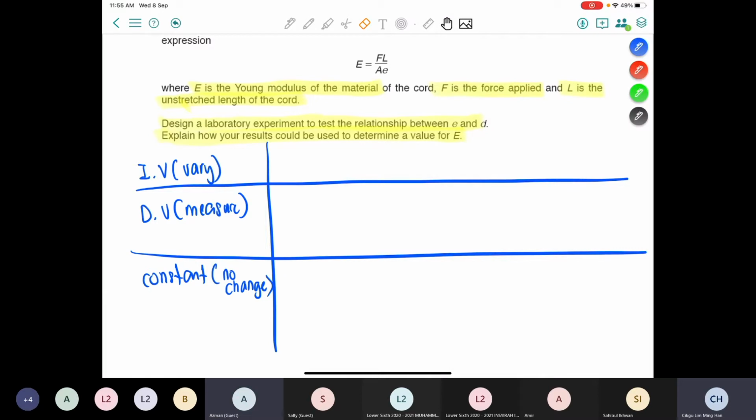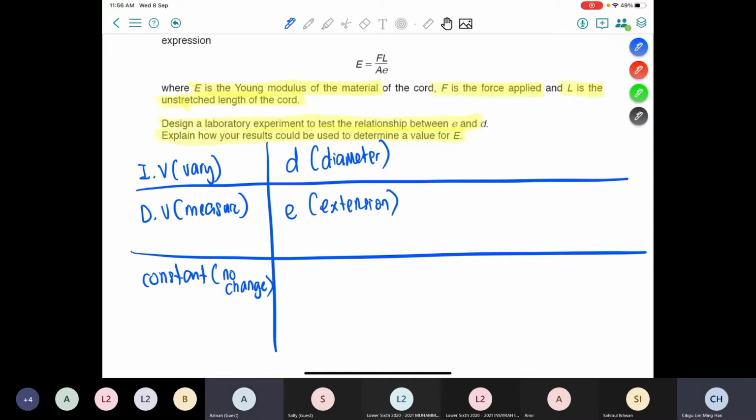Okay, we just write first. Correct or not? Now we are just running. Yeah. Or is it independent, sir? Independent is the D, sir. Oh, sorry. Okay. So this one must be the diameter. And this one must be the E, which is what? E is the extension. And then the constant?